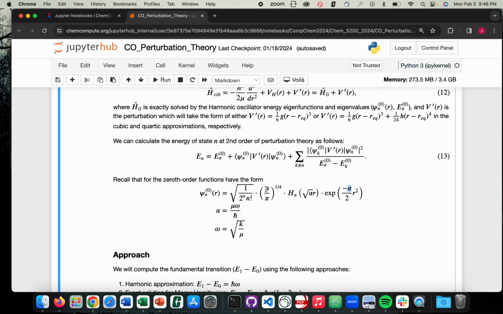So you can see basically every term has alpha in it. The normalization has alpha in it. The Hermite polynomial has a square root of alpha as its argument. The Gaussian has minus alpha as its argument. Okay, so we definitely need alpha for those functions. All right.